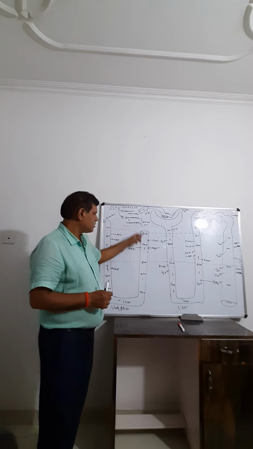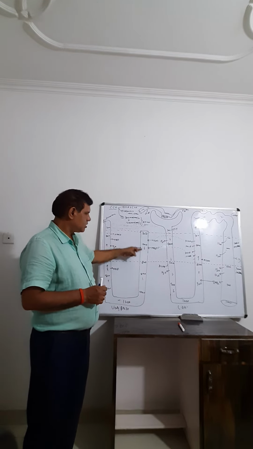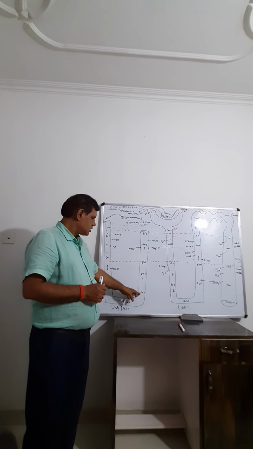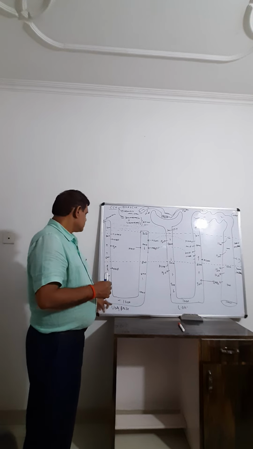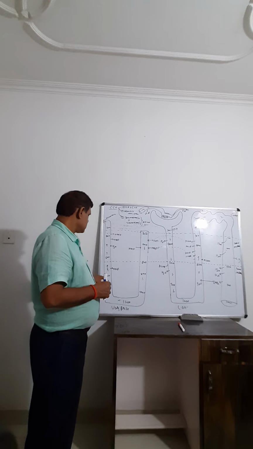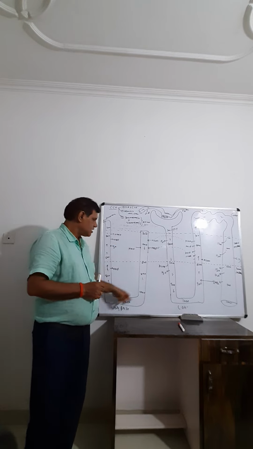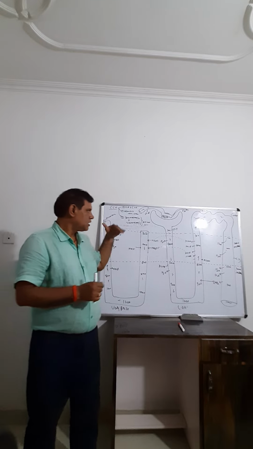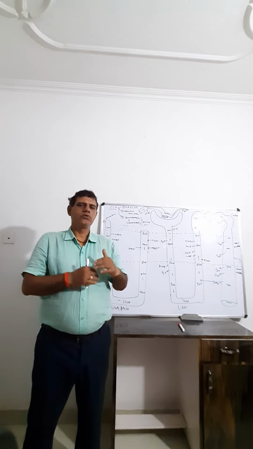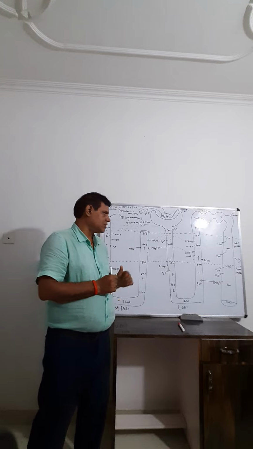In the vasa recta also, there is 300, then 400, 600, 800, 1000, then 1200, and then 1000, 800, 600, 400, 300 in the other direction. So 300 milliosmol is converted into 1200 milliosmol per liter.